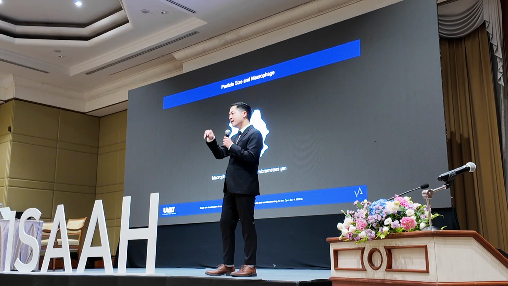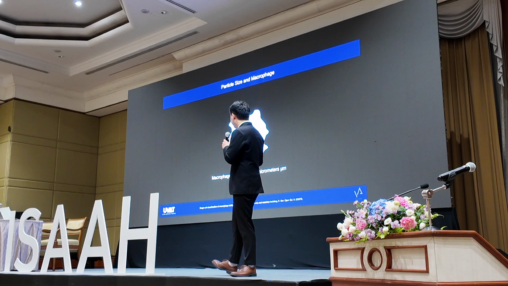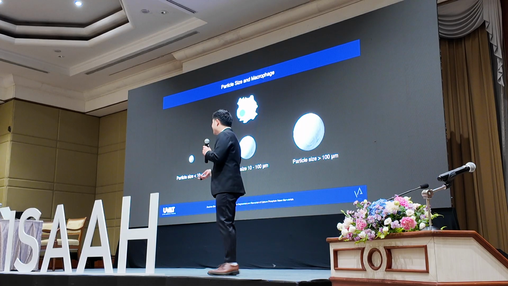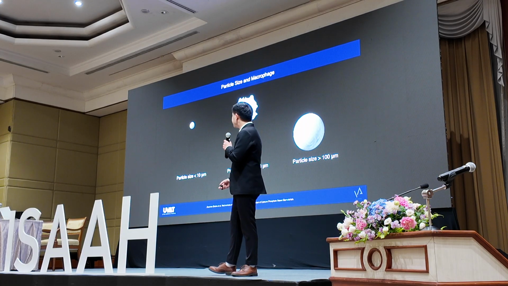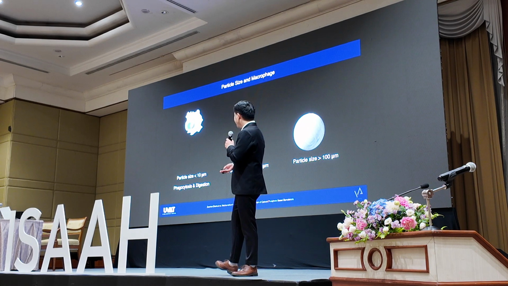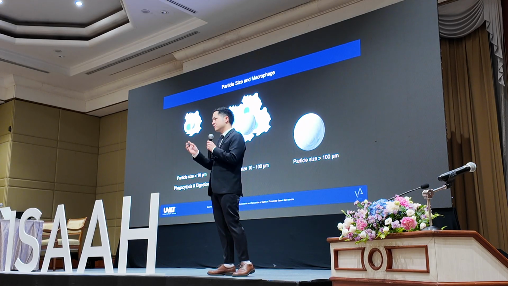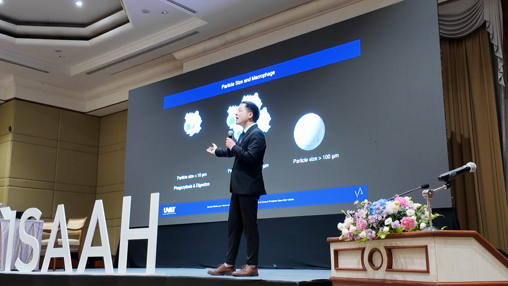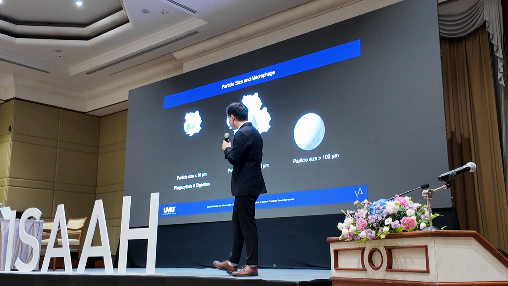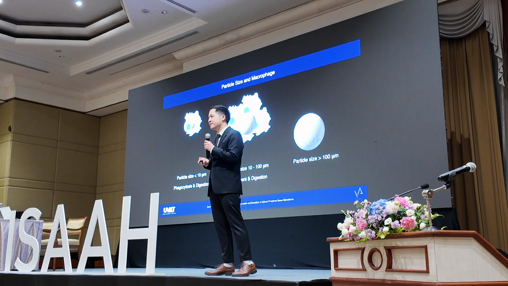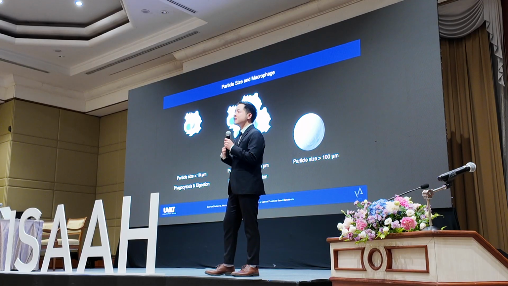And when we inject something into the skin, what happens? If the particle size is less than 10 micrometers, the macrophage can digest it all, so it does not cause much inflammation. But if the particle size is around 10 to 100 micrometers, they will call other cells to phagocytose, and it will release the extracellular matrix, making inflammation and stimulating collagenesis.